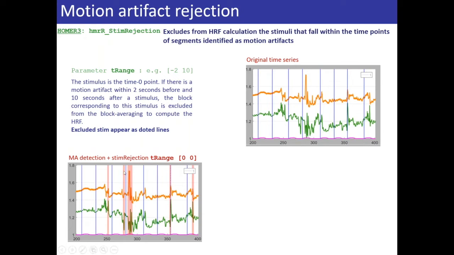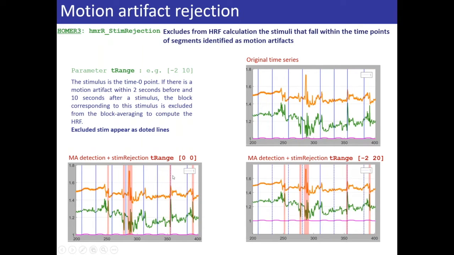You can see the motion artifacts here again in red patches, but there is no trial excluded. Each of these blue lines is the start of a different stimulus. So none of them are excluded, except this one, because the motion artifact is actually on top of the stimulus start.